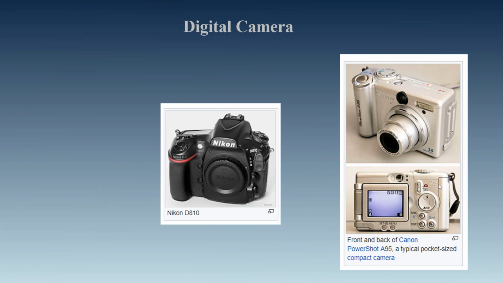The next input device is the DSLR camera. We can say digital camera as well. It records your photographs as well as videos, and you can send those documents to the computer.